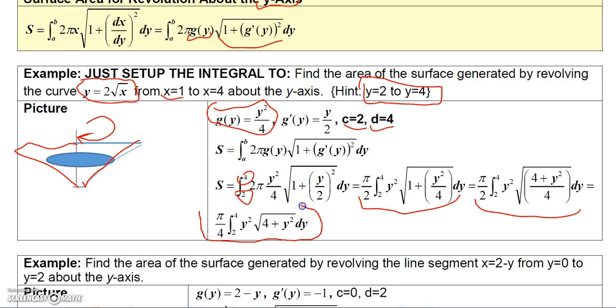This is the most I could simplify it. Then if you integrate this function from 2 to 4, that will give you the actual surface area that we're looking for. Some texts will call these c and d to avoid confusion, but I left it as a and b. You just have to know that these are y values, y equals a to y equals b. Down here I called them c and d out of habit.